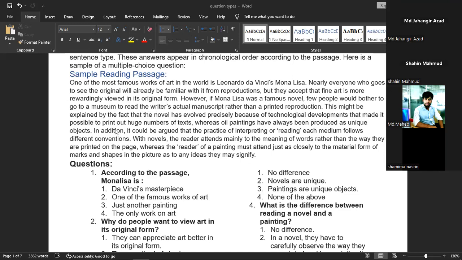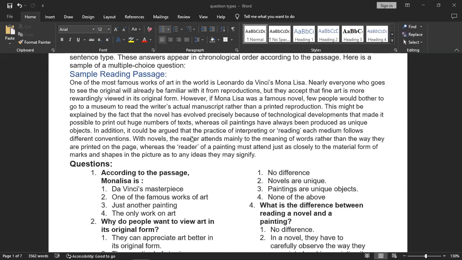This might be explained by the fact that the novel has evolved precisely because of technological developments that make it possible to print out huge numbers of text. Whereas oil paintings have always been produced as unique objects. In addition, it could be argued that the practice of interpreting or reading each medium follows different conventions.